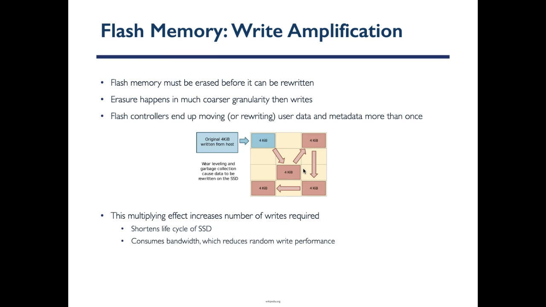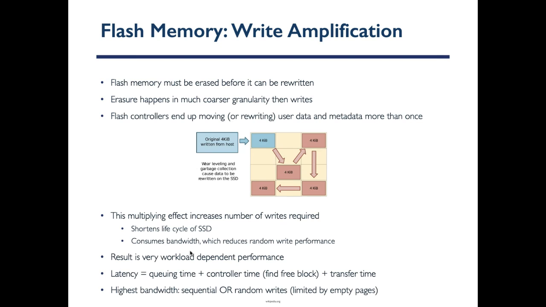Okay. So again, this write amplification shortens the life cycle of your SSD. It also consumes bandwidth, as you might imagine. So you usually want to do garbage collection when your flash disk is not used by the processor, because you're basically reading and writing, and you don't want this to interfere with the application that is using your, sorry, your SSD.